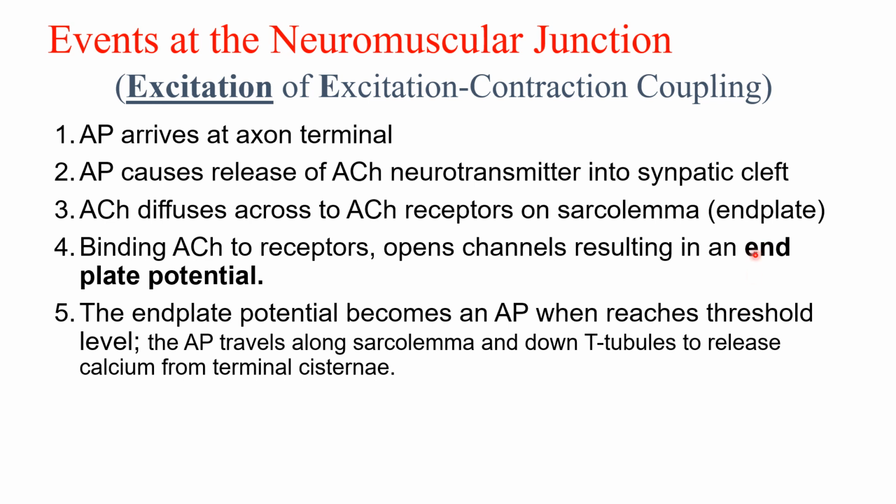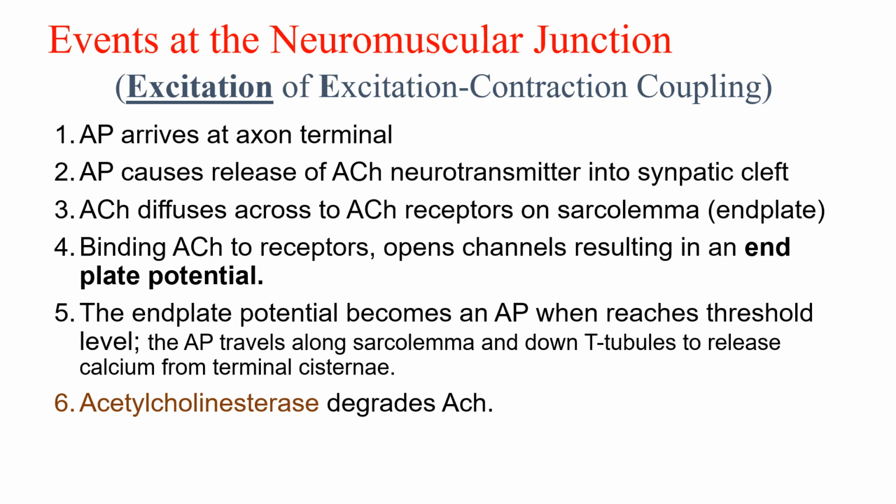You get the beginning of a depolarization, and when you get more action potentials, you eventually reach this thing called a threshold, and that causes auto reinforcement of the action potential. Okay, so instead of it having to have the nerve continue to stimulate it, it now will trigger events on its own. Okay, and that's the wave of action potential that spreads all the way through the skeletal fiber.